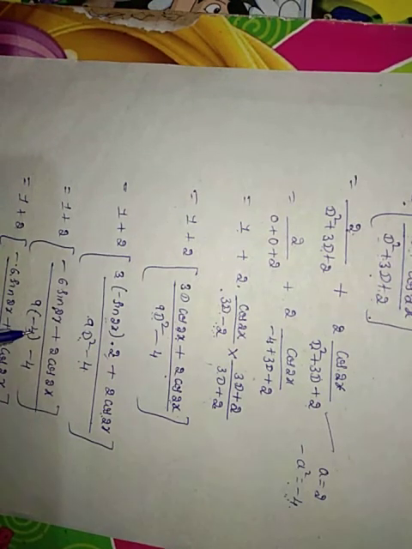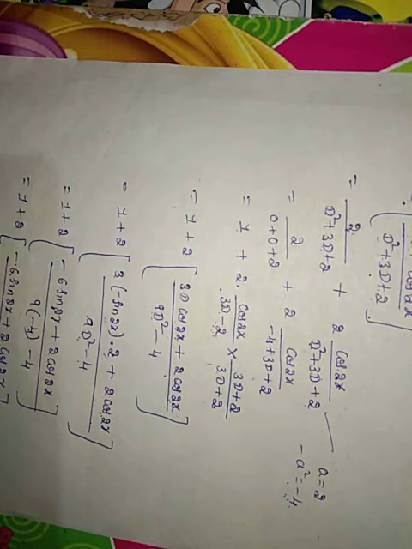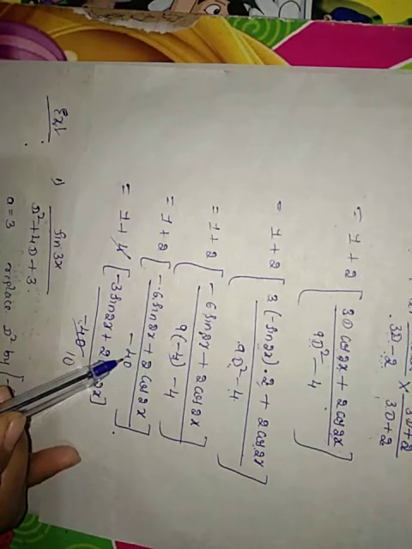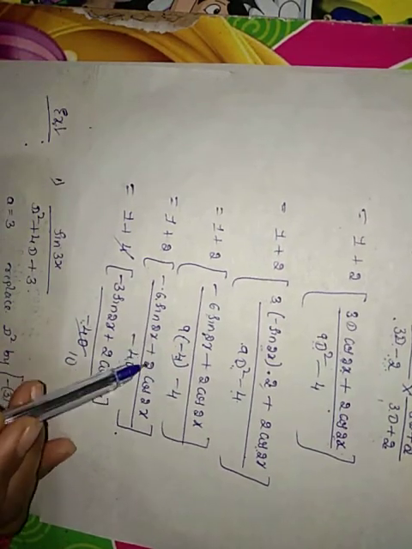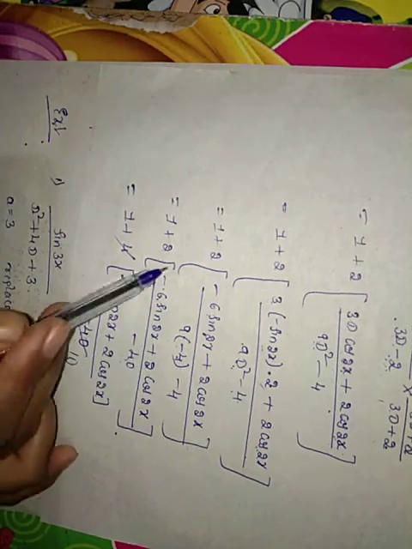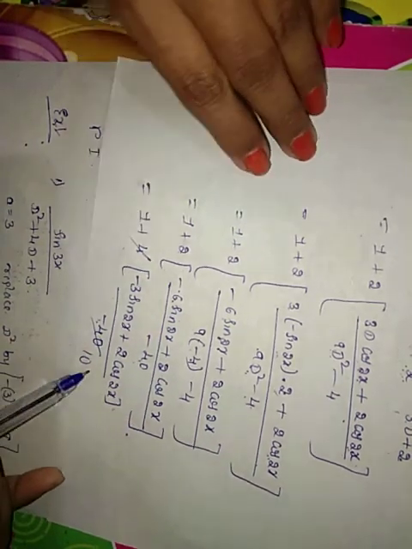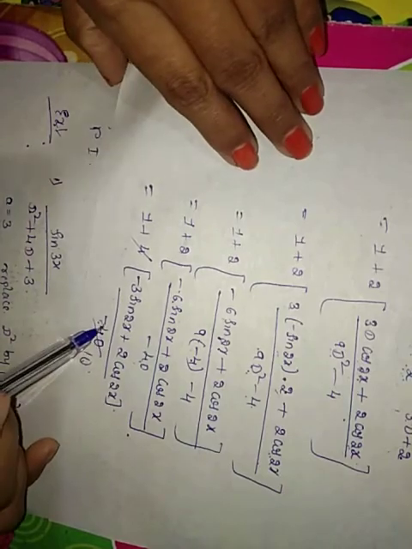So D square is replaced by minus 4. We get minus 40 in the denominator. In the numerator, you have to take a 2 common outside. 2 into 2 becomes a 4. Minus 3 sin 2x plus 2 cos 2x divided by minus 10. Minus sign is there here.